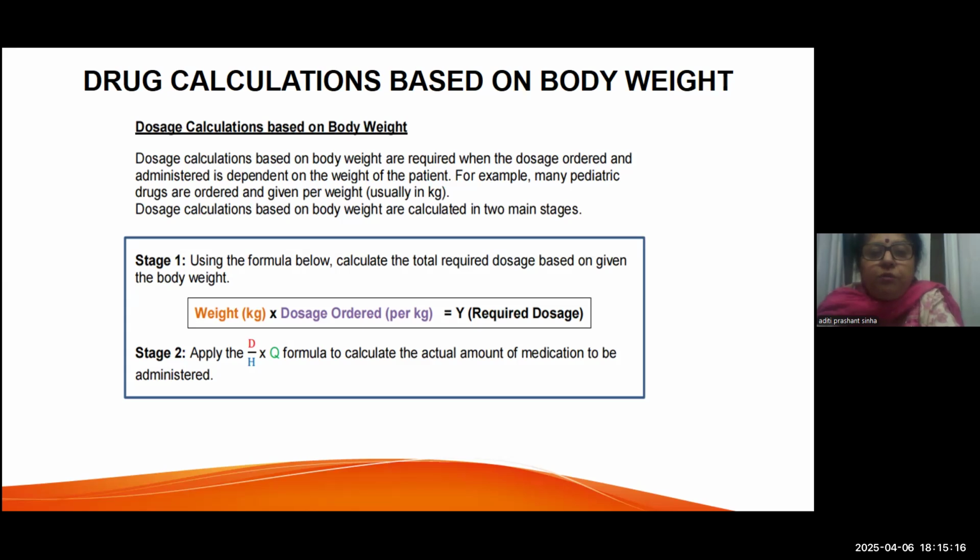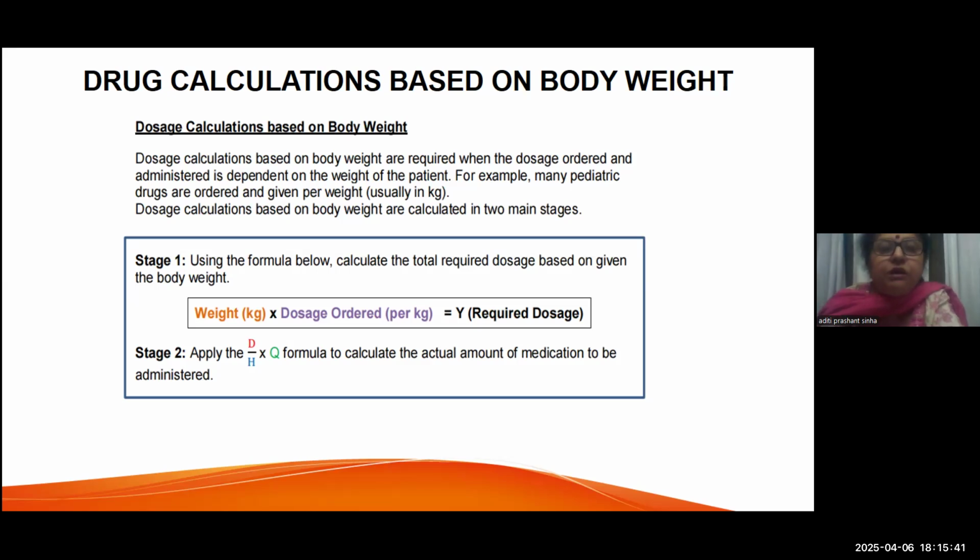Suppose the formula is weight into dose ordered per kg equals Y, that is the required dose. And then you apply the same formula of D by H into Q to calculate the actual amount of medication to be administered.